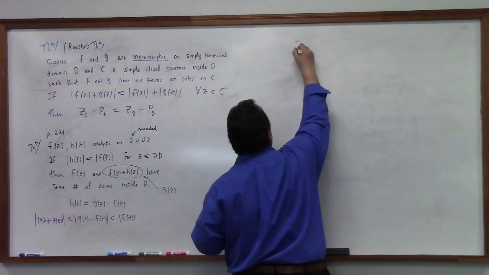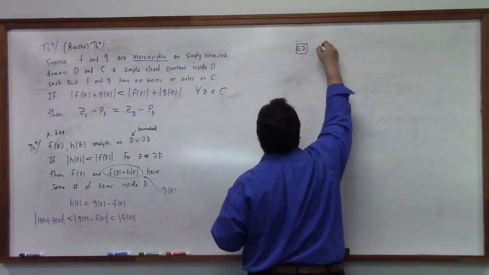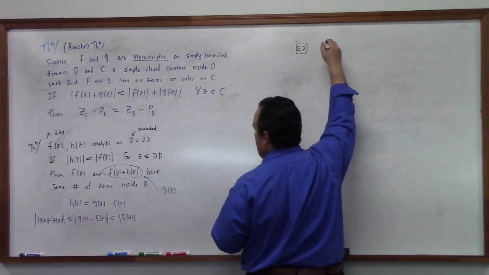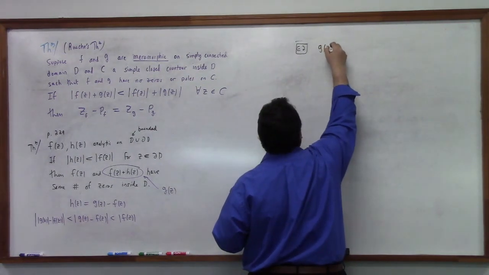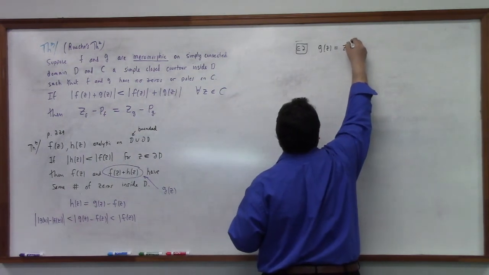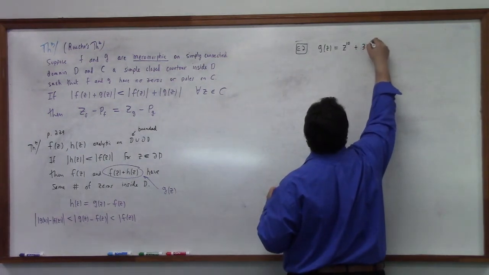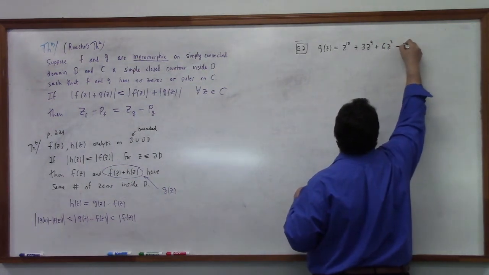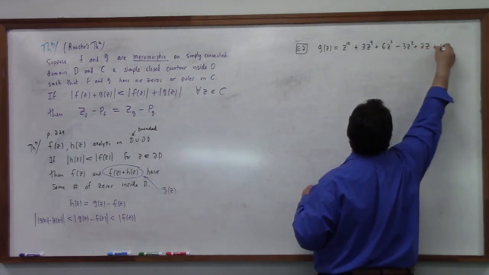So example 2, let's suppose we have g of z equal to z to the 10th plus 3z to the 9th plus 6z cubed, minus 3z squared plus 2z plus 10.